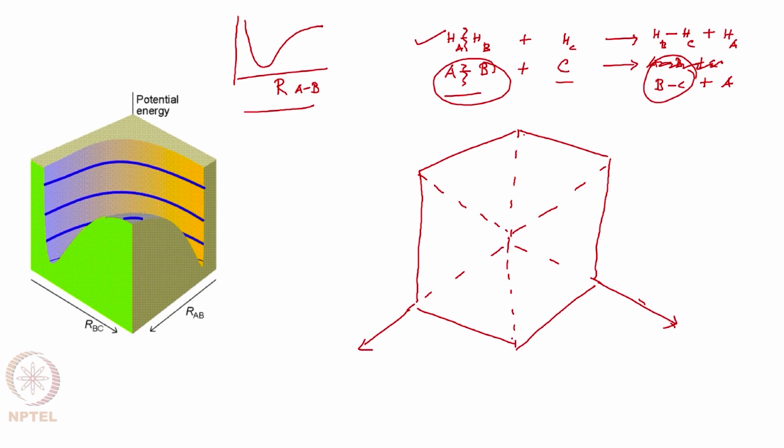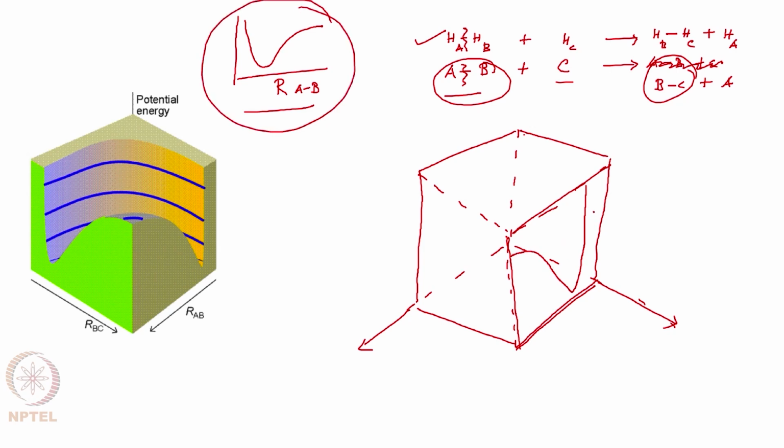Okay, so what you can see here is the surface of a cube, and on this surface I am basically drawing the potential energy for, say, the AB molecule. Now look at this diagram and try to connect it with the earlier diagram.